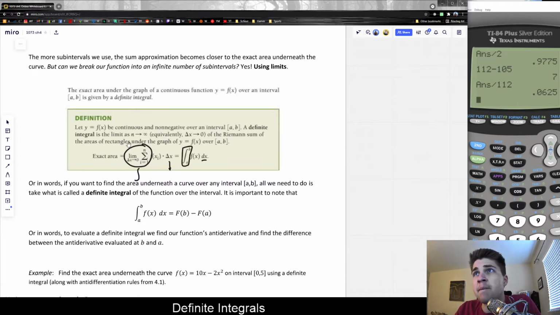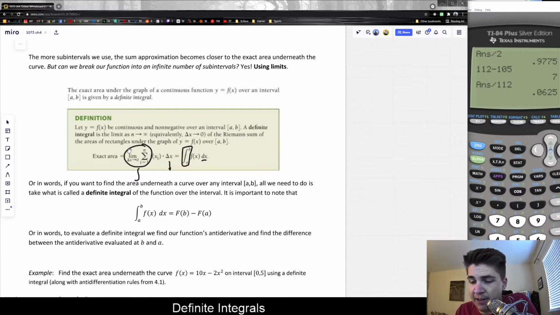And when we write a and b, that signifies the interval in which we're finding the exact area under the curve, because the area is given by an infinite number of little rectangles spanning the area under the curve in that window. And, as we talked about, the antiderivative function is sometimes called the area function.